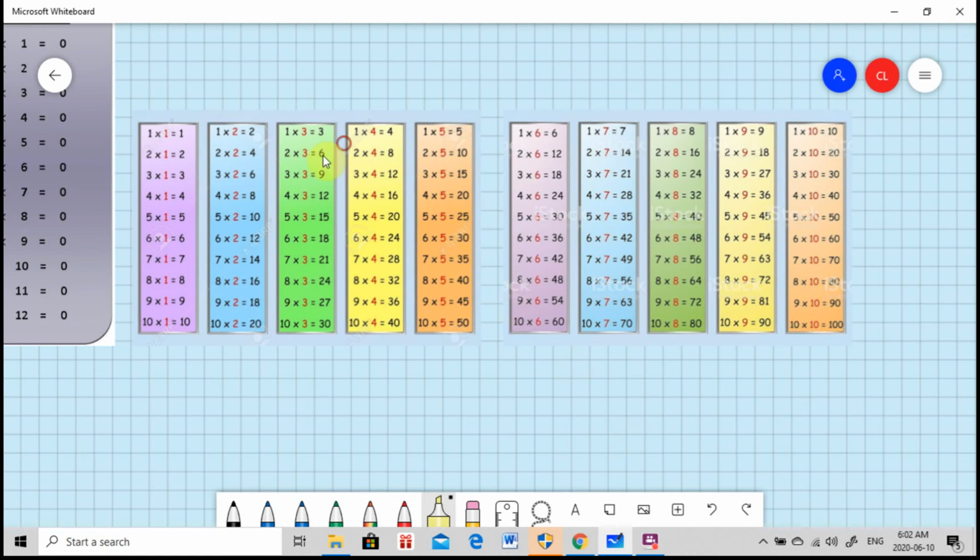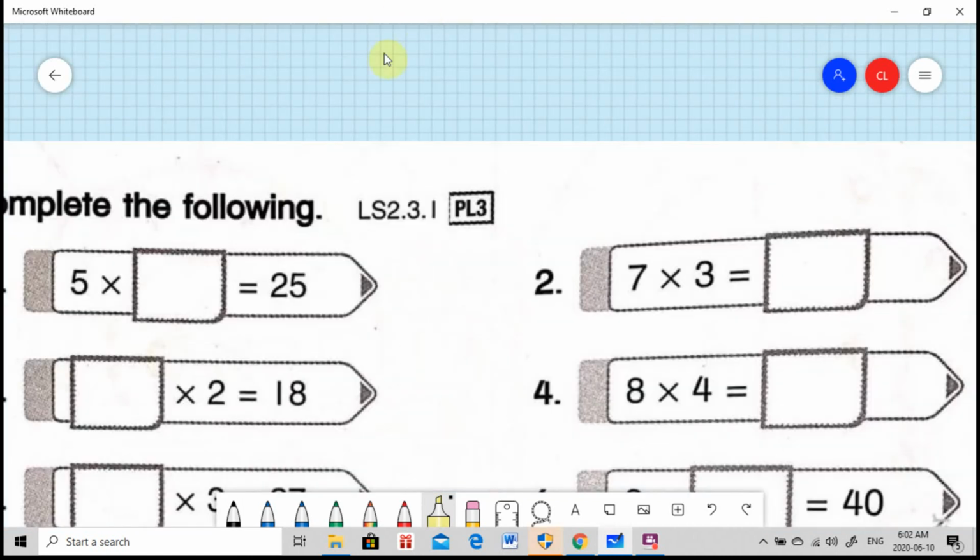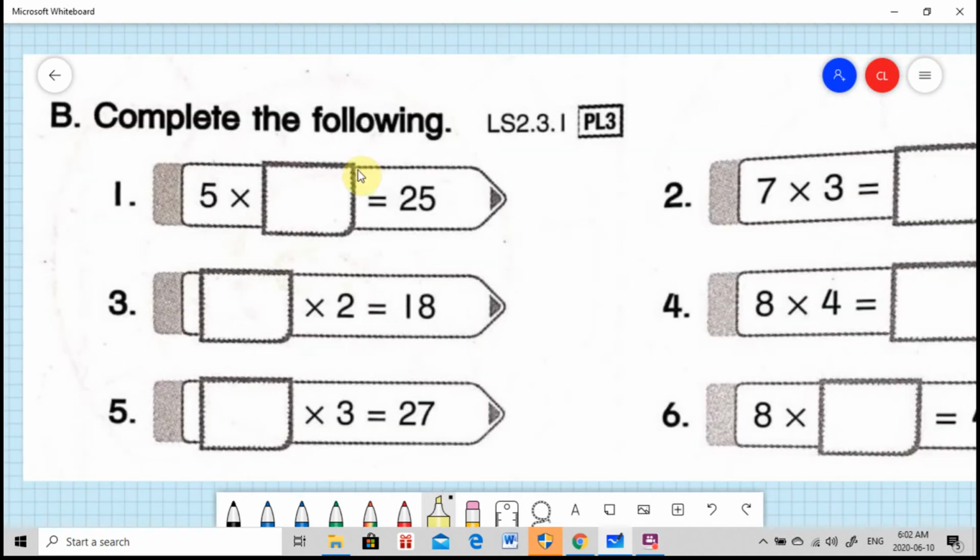Okay, so back to this. Now, what number, when multiplied by 5, gives us 25? Right? The number should be 5, right? 5 times 5 equals 25.